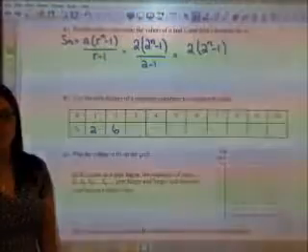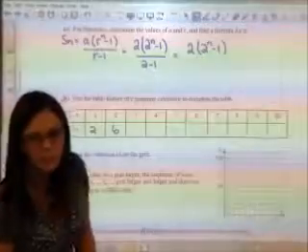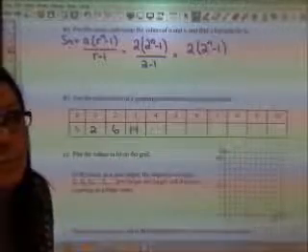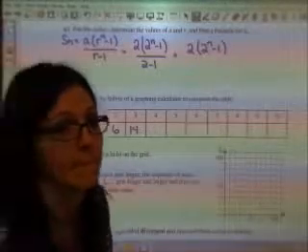First 3 terms should be 2, 6, and 14. Does that seem right? Yep.